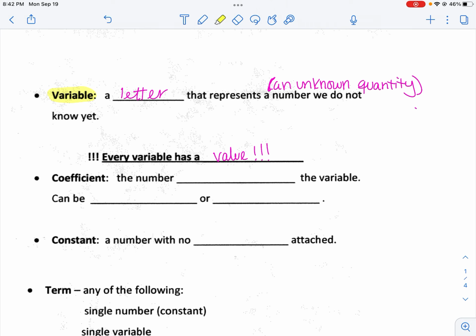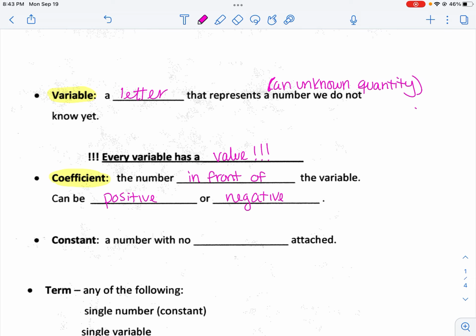Okay, the next word we have is coefficient. A coefficient is the number in front of the variable. It can be positive or negative, and that might take on the form of looking like addition or subtraction when it's part of an expression.